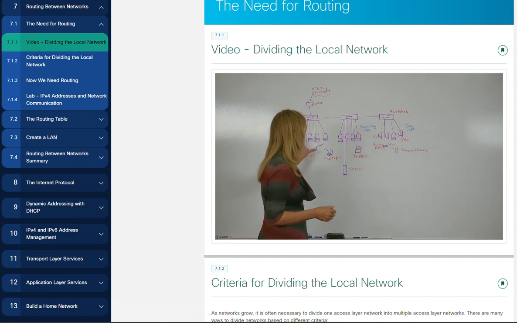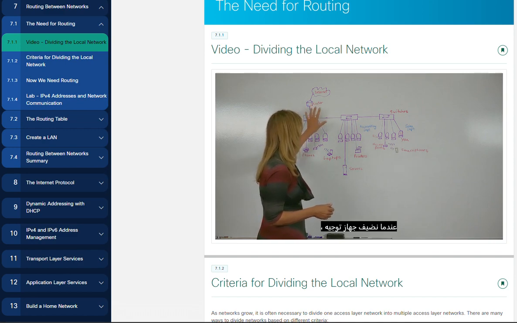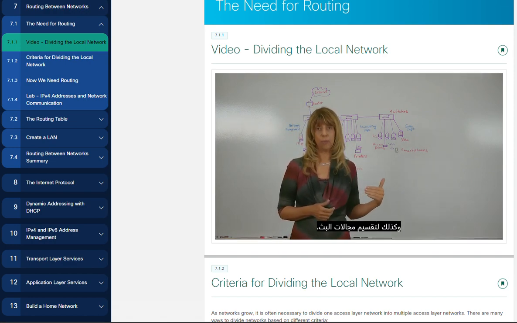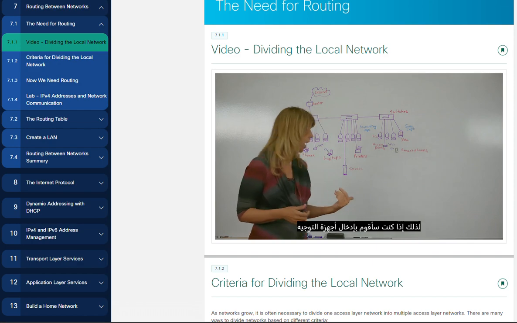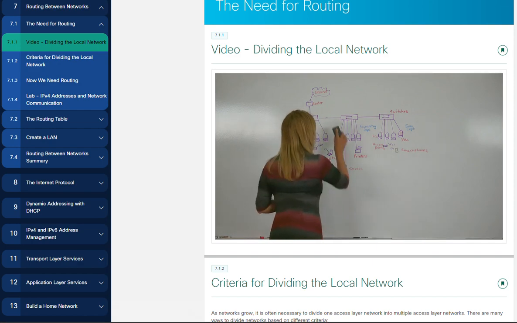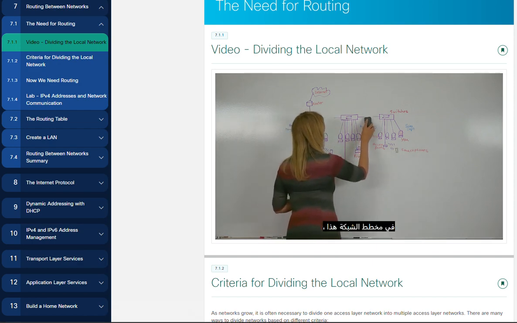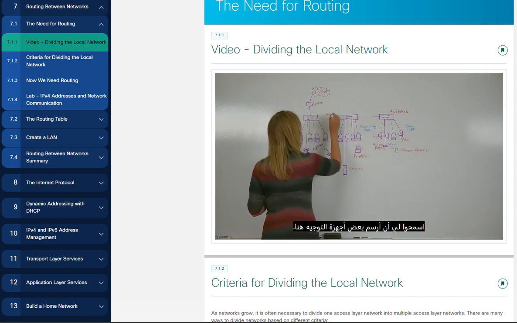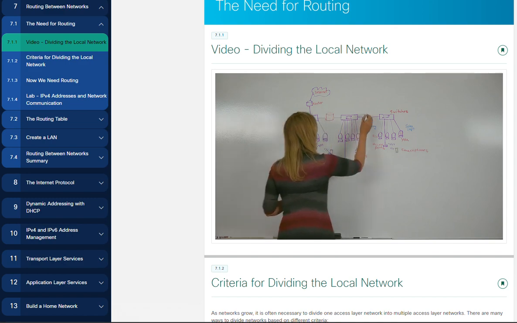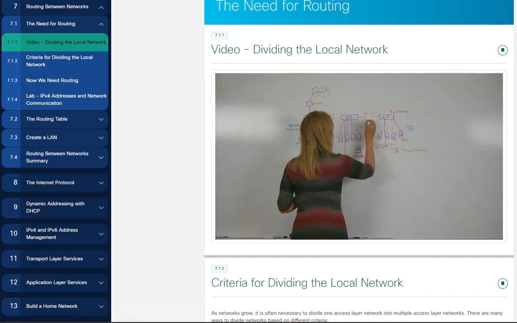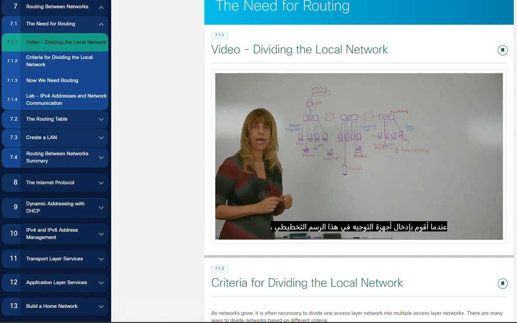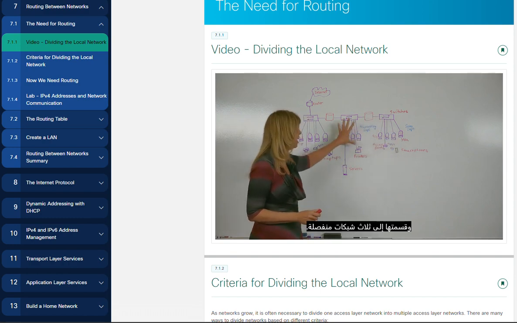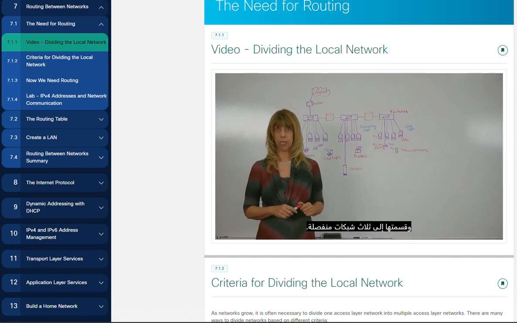So basically, when we add a router, the router enables us to divide the network and also to divide the broadcast domains. If I were to insert routers into this network diagram, let me draw some routers here. When I insert routers into this diagram, I have now taken one relatively large network and divided it into three separate networks.